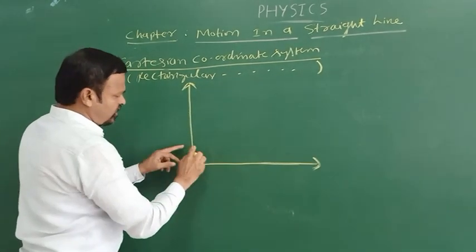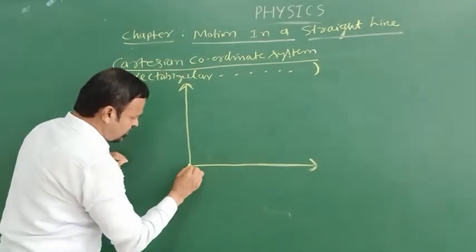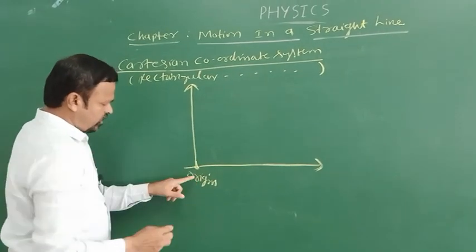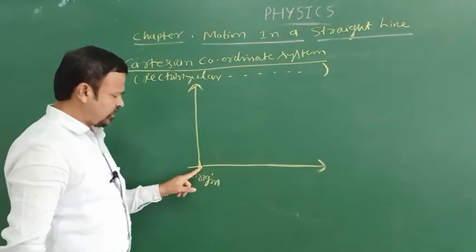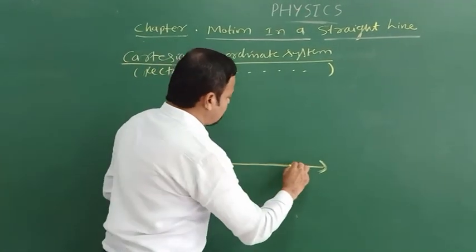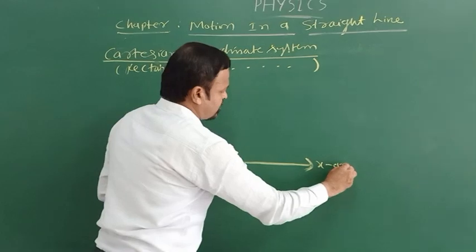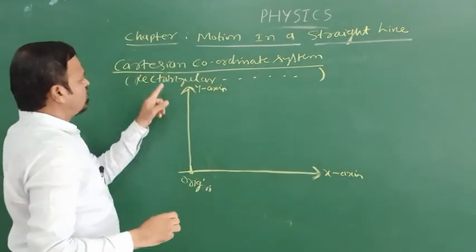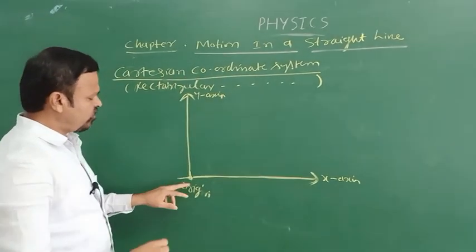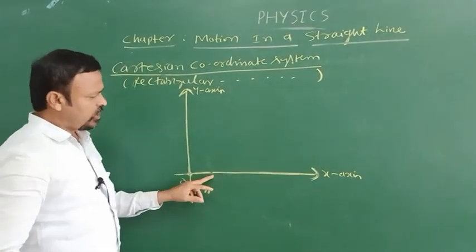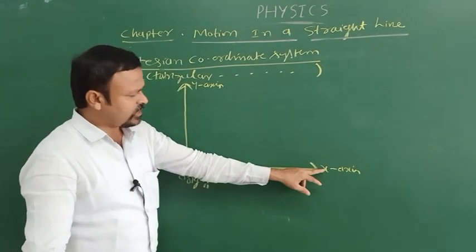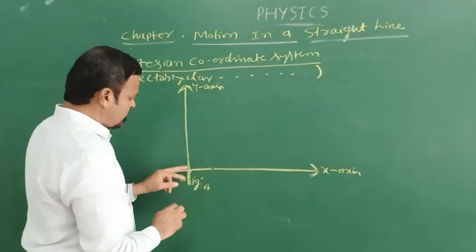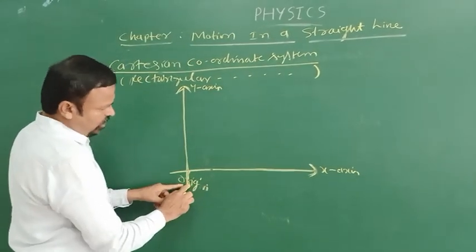So two axes intersect here, that is called origin. Origin is the point of intersection. This axis is called x axis. This axis is called y axis. So Cartesian coordinate system consists of two perpendicular axes, one is called x axis and another one is y axis, and they intersect here, that is called origin.